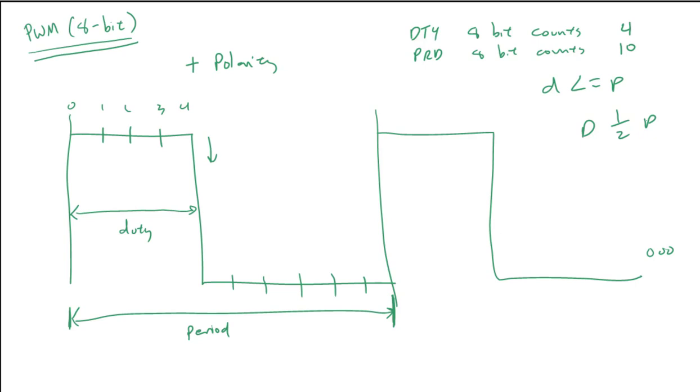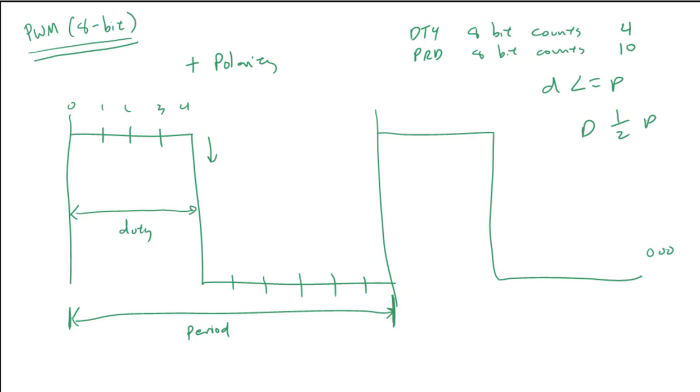If you are just making a fixed waveform, you could pick any values for period and duty as long as they made the duty cycle that you were looking for, but they could be relatively low values. So if I knew I was trying to make a 40% duty waveform, I could use 4 and 10, that would be fine.